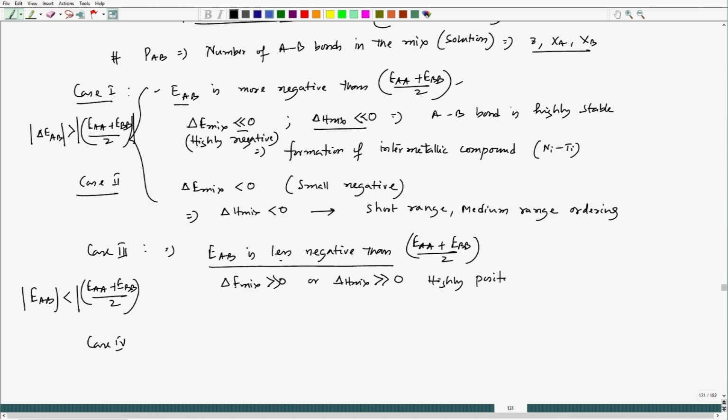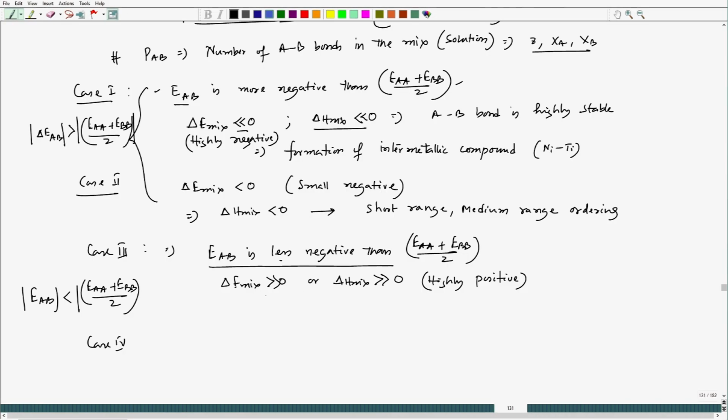At that time A would like to have A type of atoms and B would like to have B type of atoms, because AA and BB bond energies are highly negative as compared to the AB bond. So, the similar type of bonds will try to exist in the system.